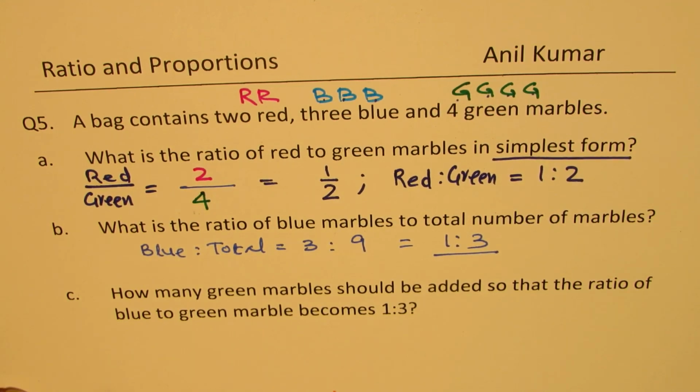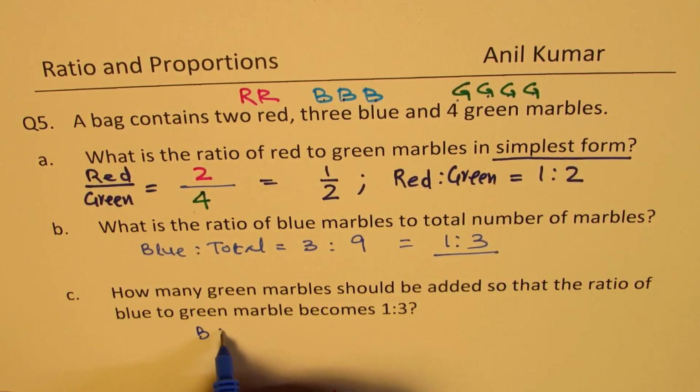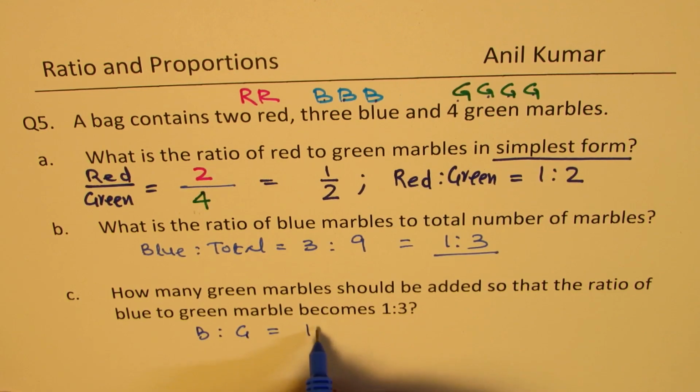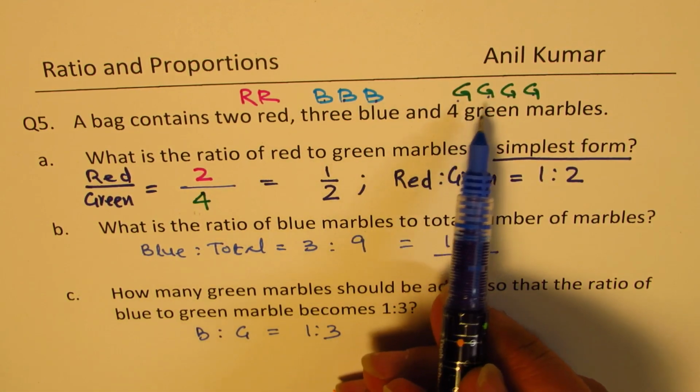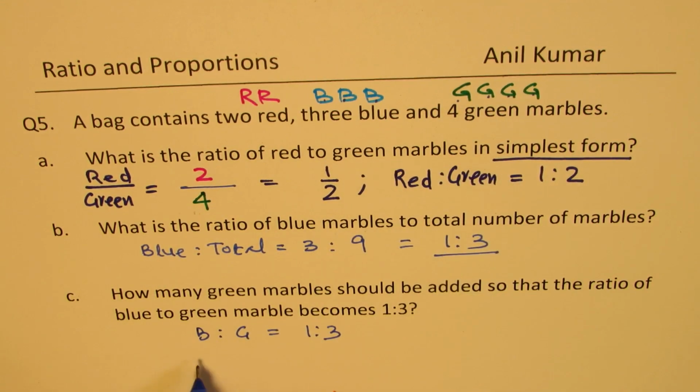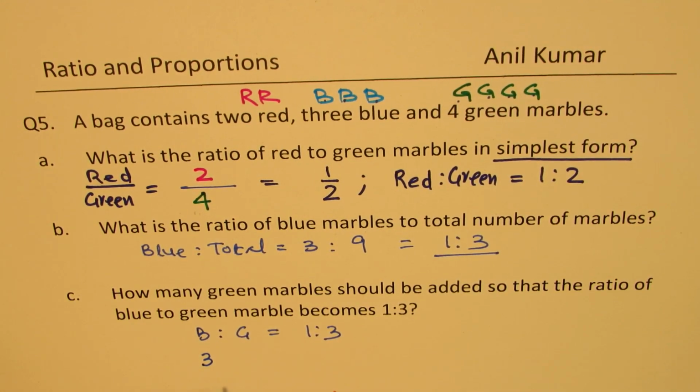Okay. Part C. How many green marbles should be added so that the ratio of blue to green marbles becomes 1:3? So we want blue to green as equal to 1:3. Well, we have 3 blues and 4 greens. So we have only 3 blues.